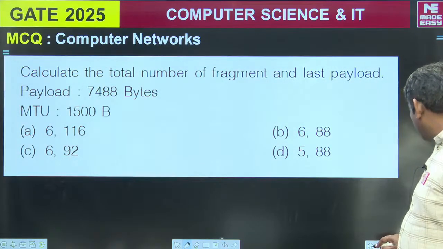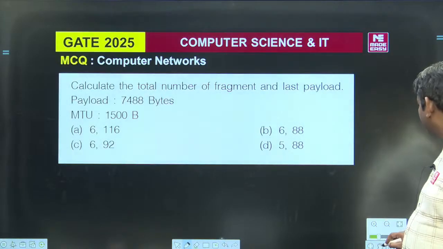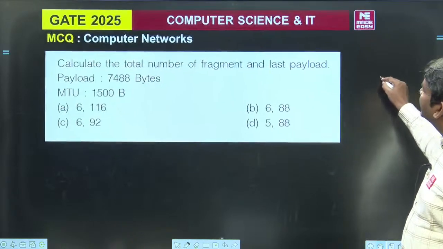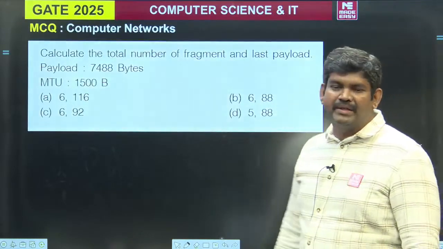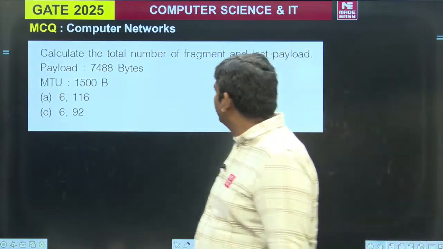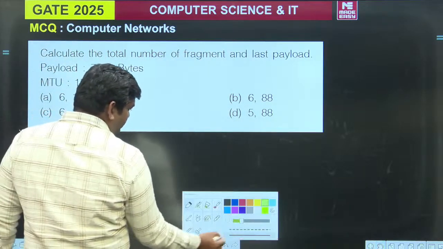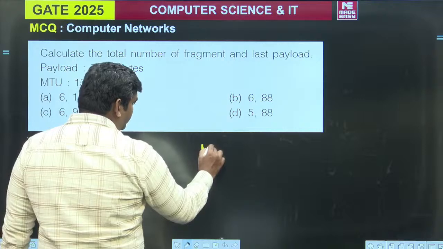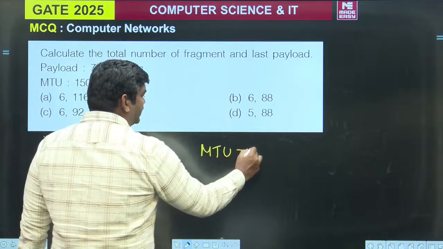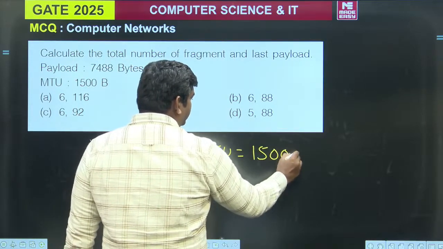Yeah, so this question basically the target is regarding what? Fragmentation concept. So as per the given data, the MTU they have mentioned as 1500 bytes.